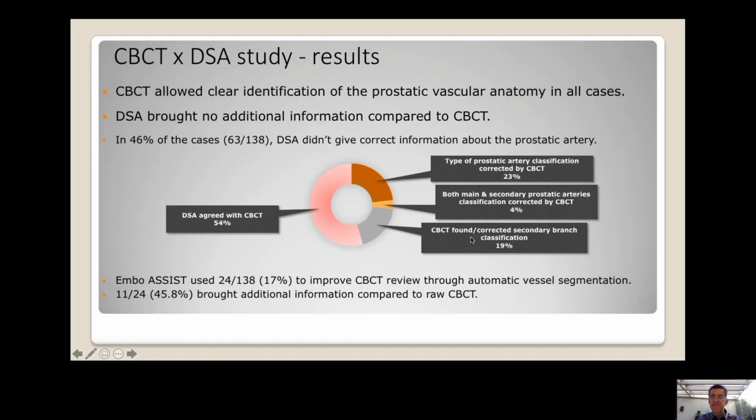And Carnevale CT found and or corrected a secondary branch that was missed during DSA in 19% of these patients.